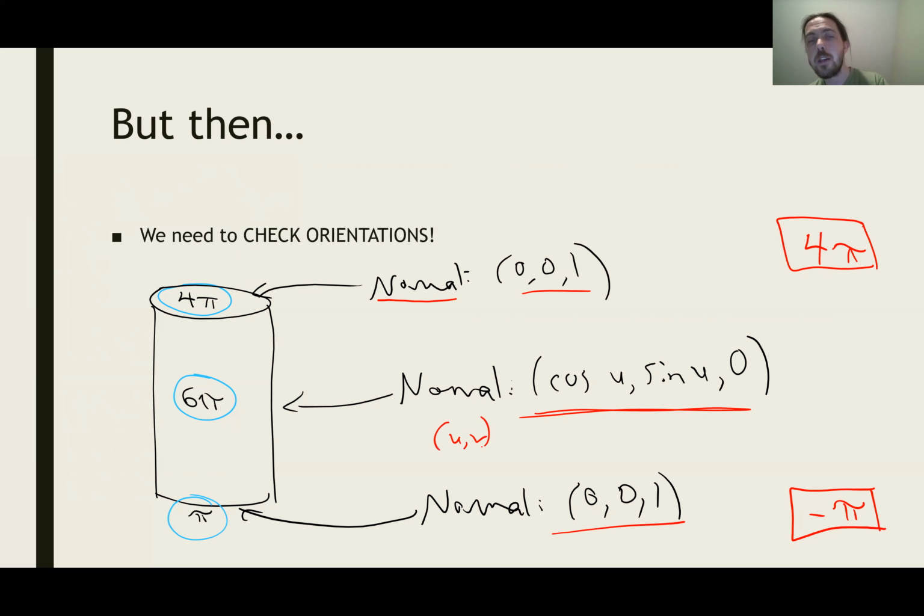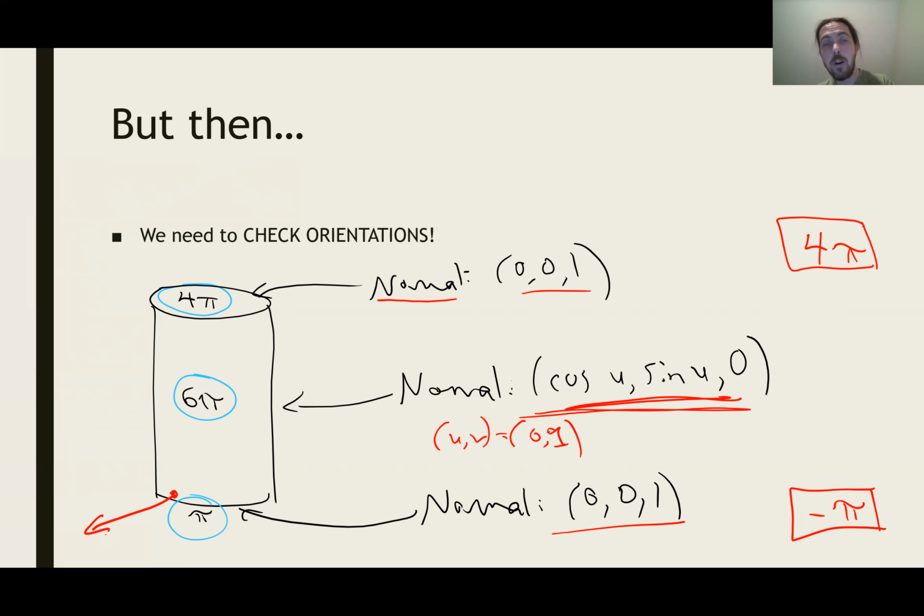If I plug in u comma v equal to 0 comma 1, that's a point on the bottom edge that would give me the point x equals 1, y equals 0, z equals 1. And then if I plug in the normal vector, I would find that the normal is pointing this direction.